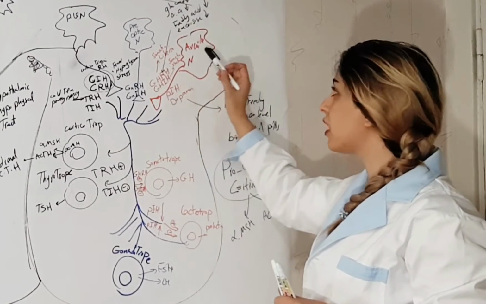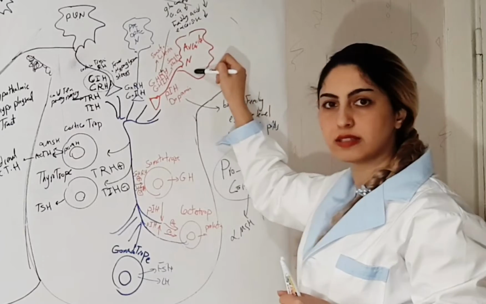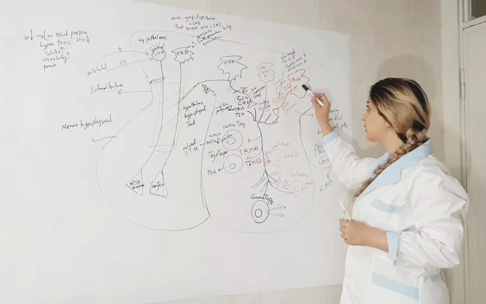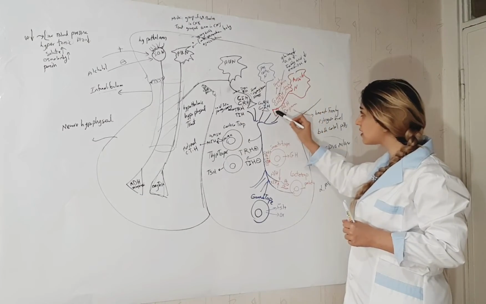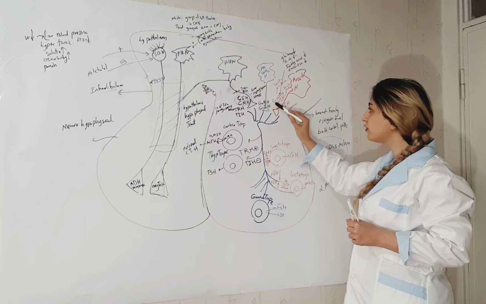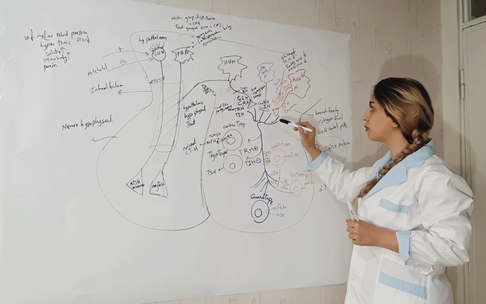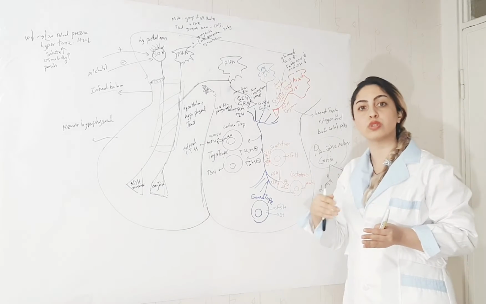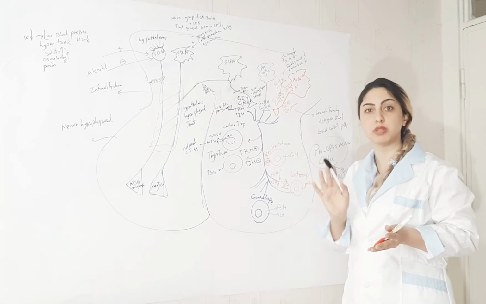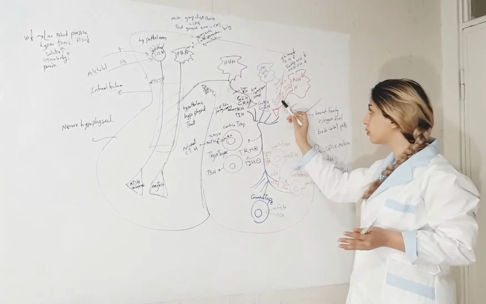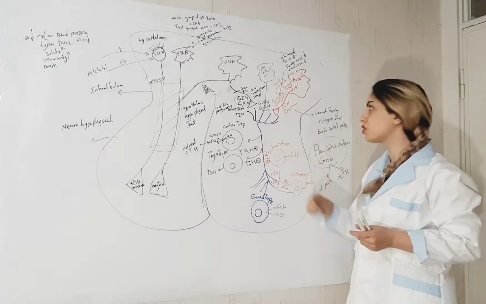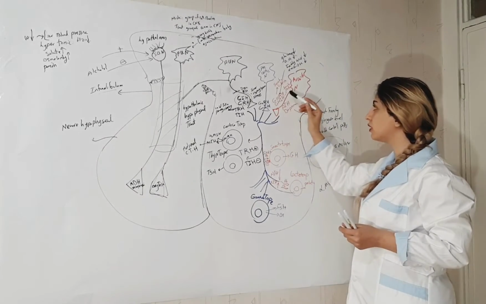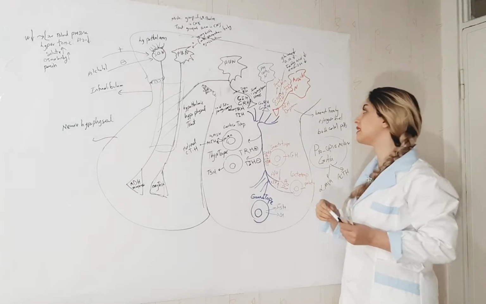What are these hormones? The arcuate nucleus, which is located in the hypothalamus, releases some hormones. One of them is growth hormone releasing hormone, which is a stimulatory hormone, and we have growth hormone inhibitory hormone too. So it releases both growth hormone inhibitory hormone and growth hormone releasing hormone.